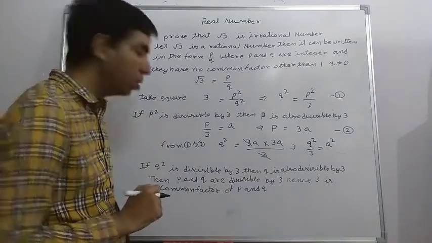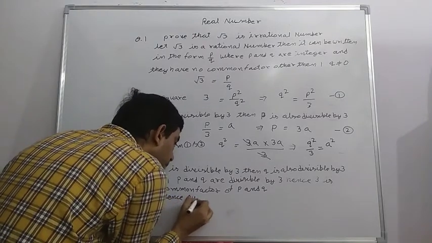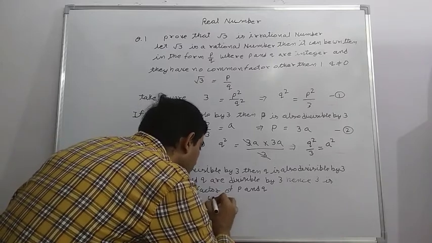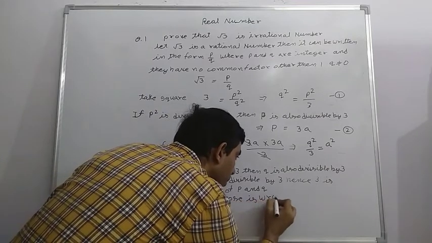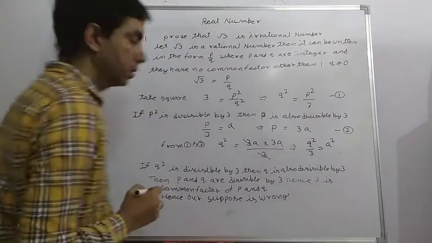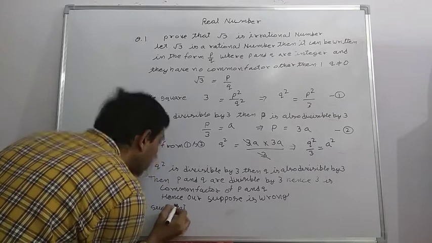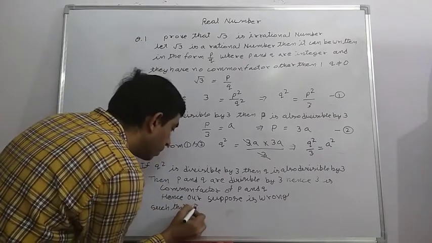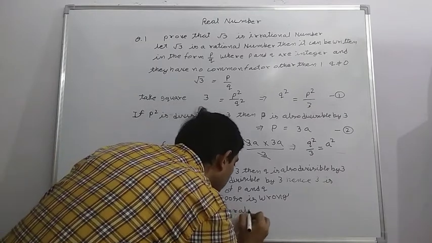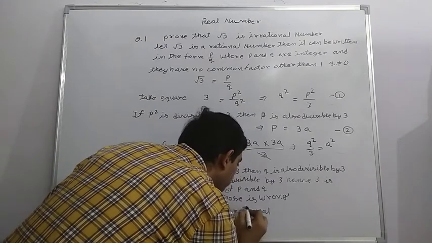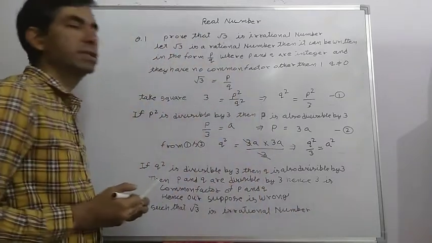So our supposition is wrong, such that root 3 is an irrational number.